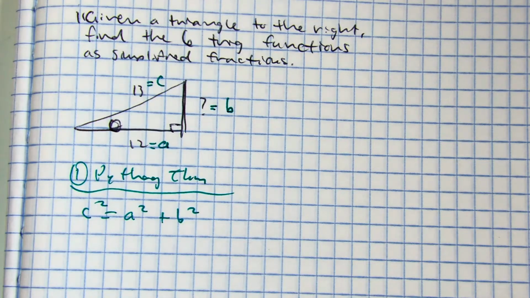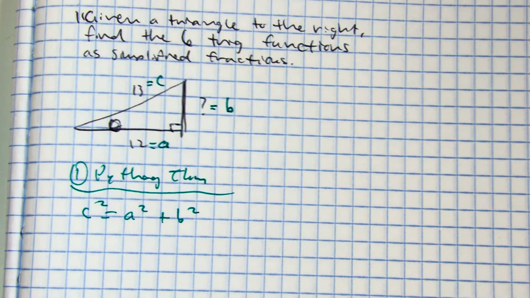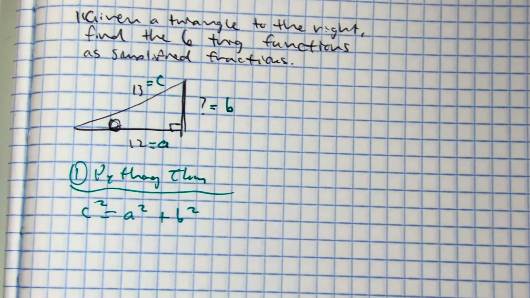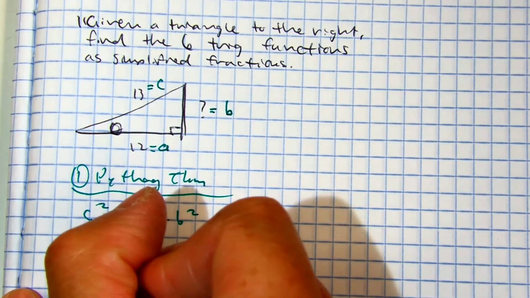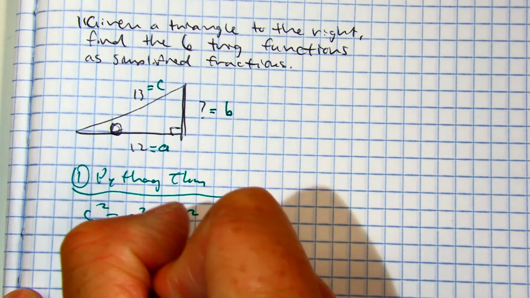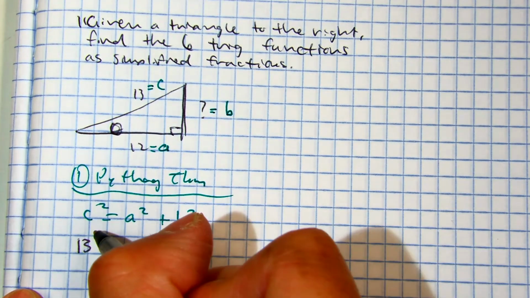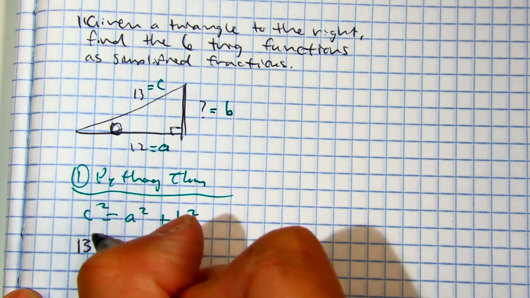Go ahead and do our substitutions for us, Lupe. 13 squared.